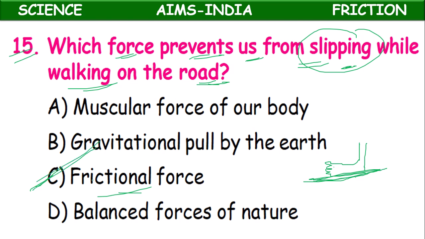Because of irregularities between our foot and the ground, these two interlock and we are able to stand. And because of muscular force, we overcome this irregularity and move forward. So the answer is frictional force.